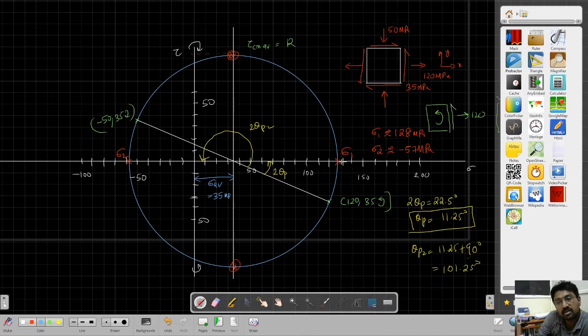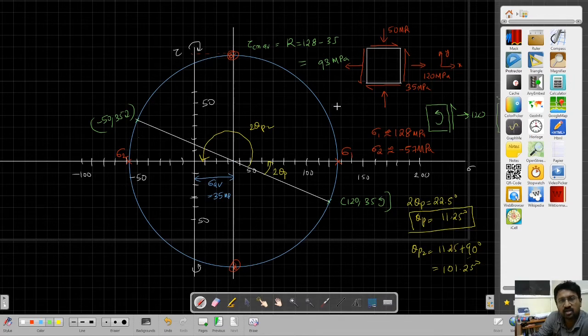So 35, and this is 128. So 128 minus 35 is the radius of the circle. This comes out to be approximately 93 MPa is the shear stress. So this is nothing but the radius of the circle.